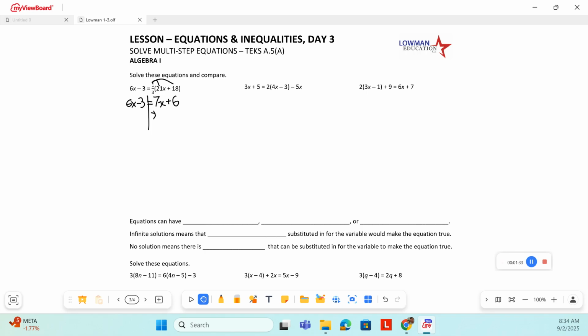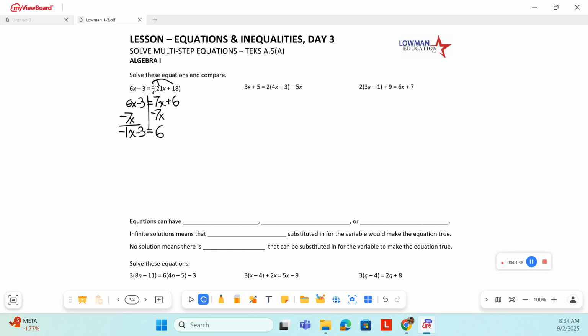So if I subtract 7x from both sides, that gives me a negative 1x, or we could write it just as negative x, minus 3, and that's going to equal 6.